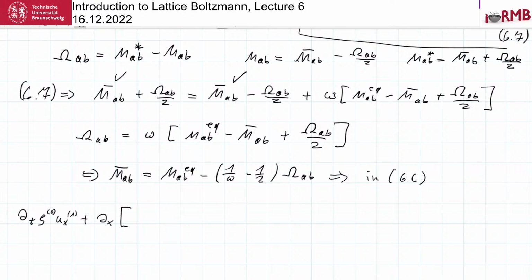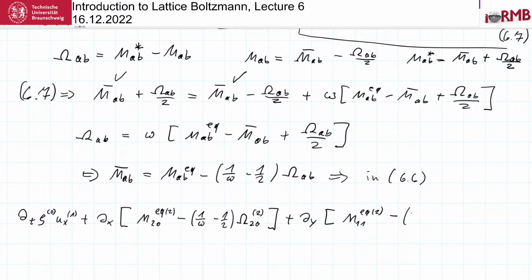Now we have to introduce the moments here, which is m20 equilibrium, now to second order, minus 1 over omega minus 1/2 omega 20 to second order, plus the replacement of the m bar here is m11 equilibrium to second order minus 1 over omega minus 1/2 omega 11 to second order, and of all of this we still have omega 13 to third order, and all of this is equal to 0.